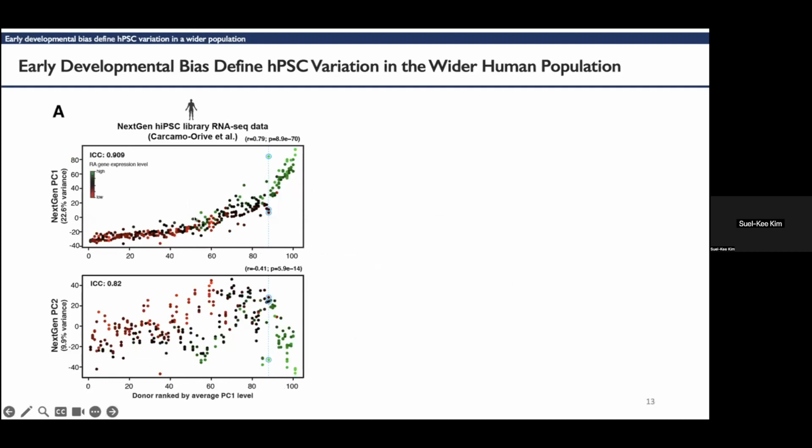In this PCA plot, cell lines from each donor are arranged along the x-axis based on their PC1 level. And each line is colored by its average expression level of retinoic acid genes, with the higher level shown in green. This analysis showed that PC1 exhibited a strong positive correlation with the retinoic acid gene expression, while PC2 showed a negative correlation.